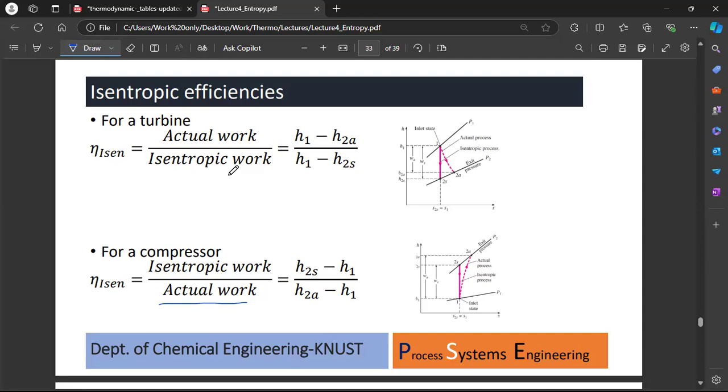Now, if you're looking at the actual work that is being done, realize that we are doing an expansion from H1.